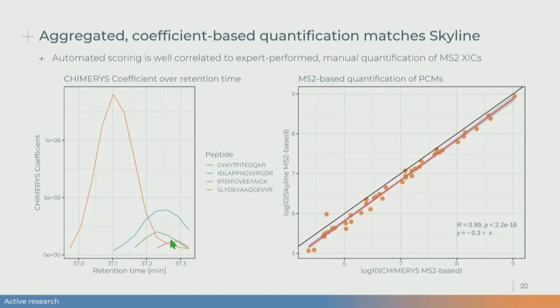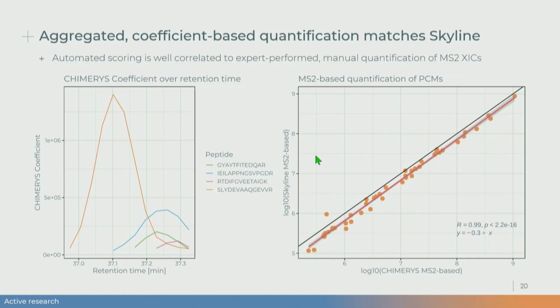But what I found most striking is the fact that when we look at manual quantification using Skyline by an expert and compared that quantification to the quantification done in MS2 by Chimeras, we get the plot here on the right.